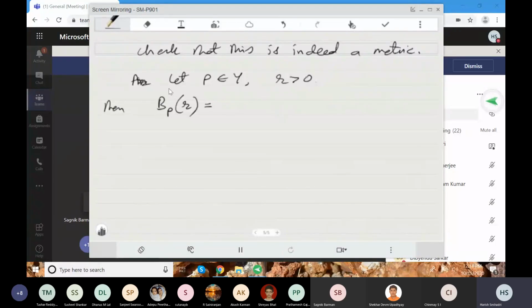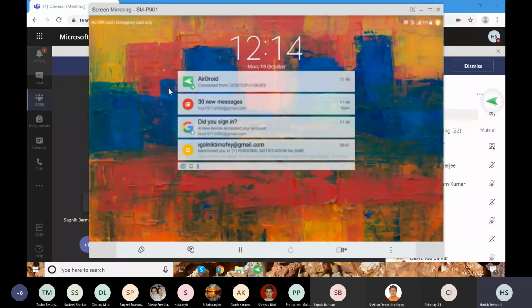For this metric, that can happen only if it is 0. The metric assumes only two values. So this would be just the point p if r is less than 1. On the other hand, if r is greater than or equal to 1, then every other point has distance less than or equal to r, so the ball is all of Y if r is greater than or equal to 1.